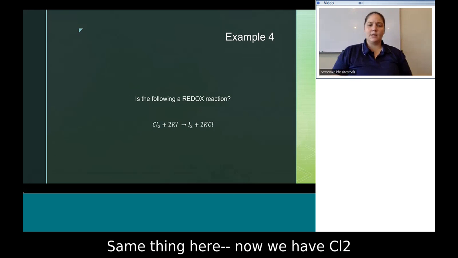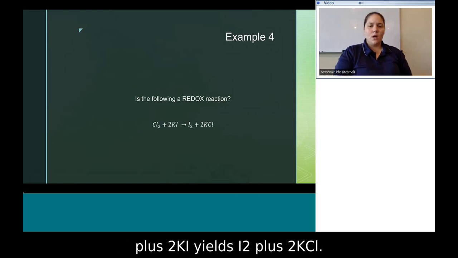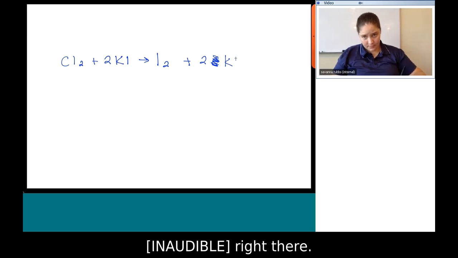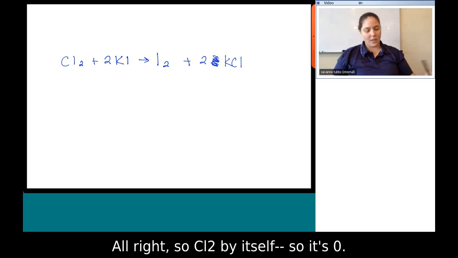Same thing here. Now we have Cl2 plus 2KI yields I2 plus 2KCl. So let's determine if this one is a redox reaction. All right.